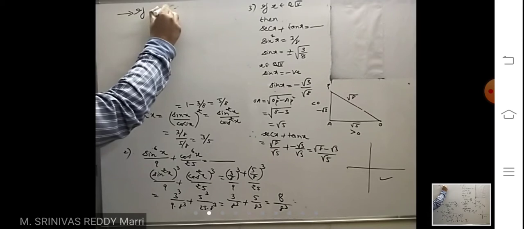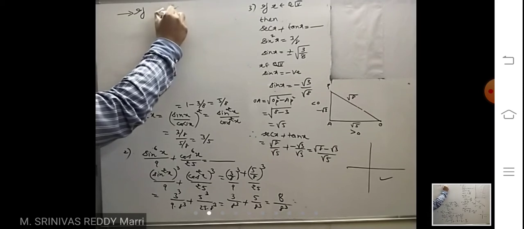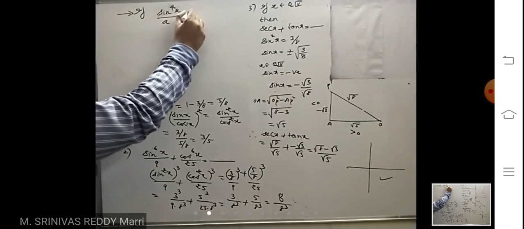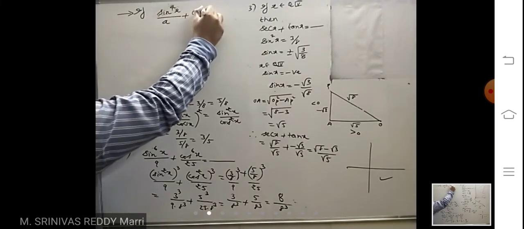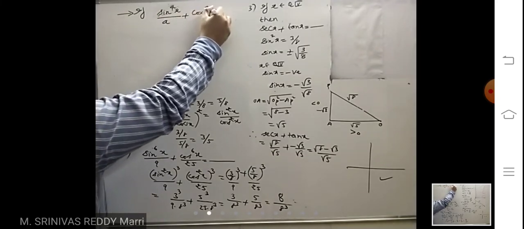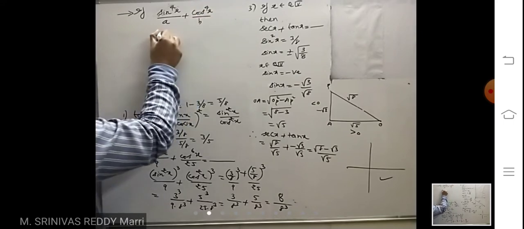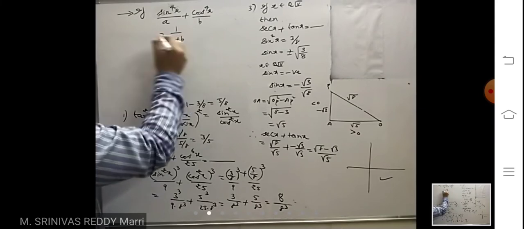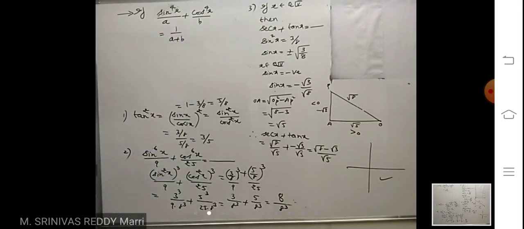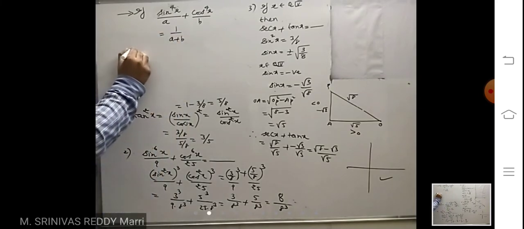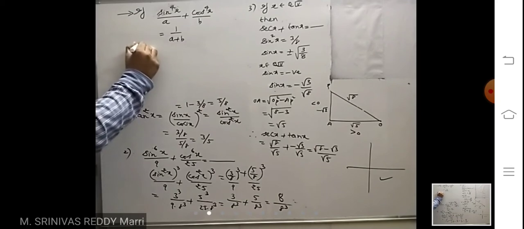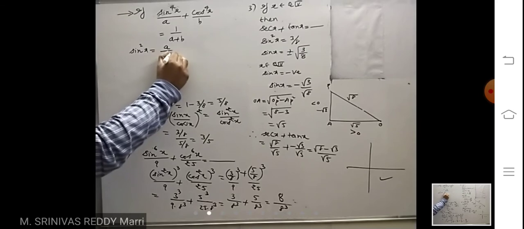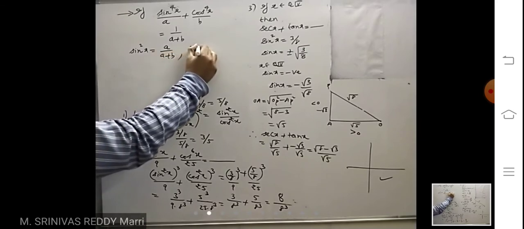Look at it, whenever the relation is given like this: sin power 4x divided by a plus cos power 4x divided by b equals 1 by a plus b, then the formula is sin square x equal to a divided by a plus b.